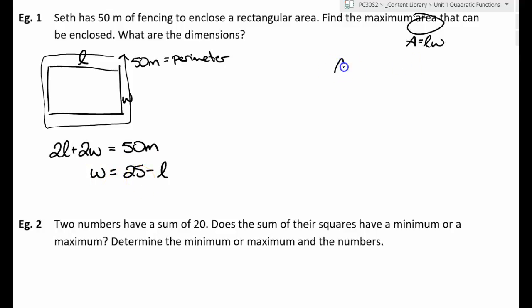So when I go to fill in my area equation, I can describe it as length times, instead of width, 25 minus length. If I expand this from here, it's actually going to start to look like a quadratic equation. I'm going to rearrange this and complete the square to get it into vertex form.